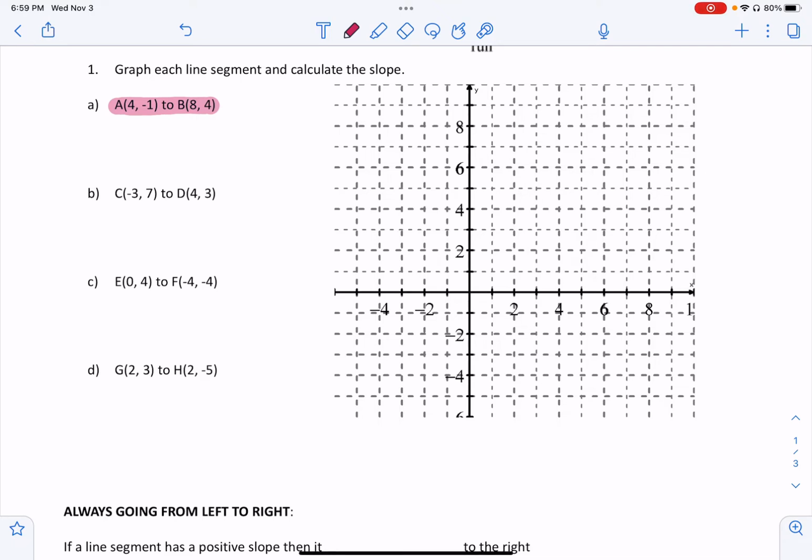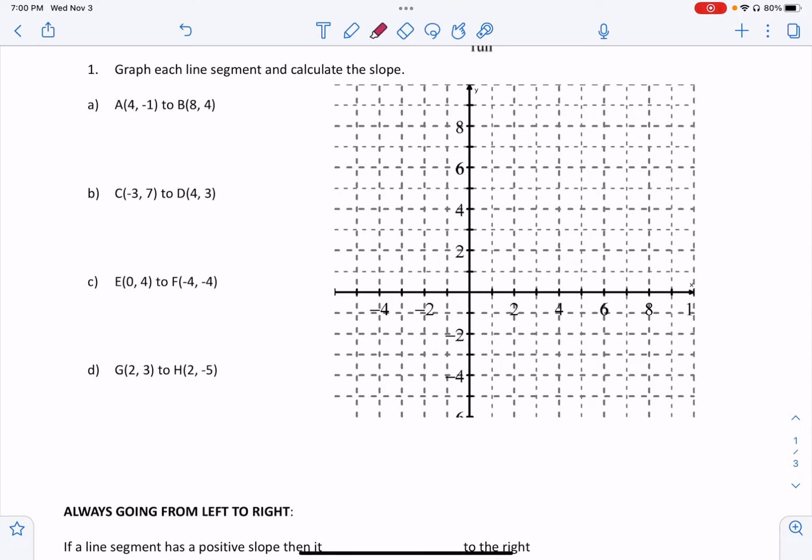Then we'll graph the second point, which is on our y-axis here. This point or coordinate is what is called an ordered pair. That ordered pair gives us a coordinate on this grid, and that will help us to find 2 points living on the line.